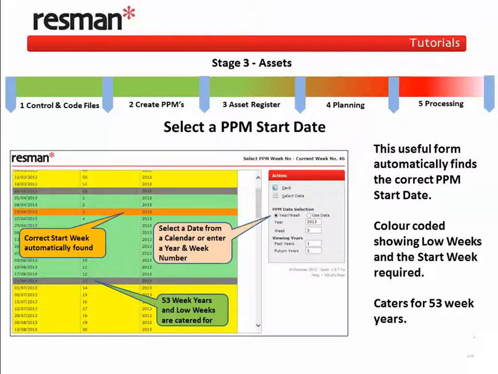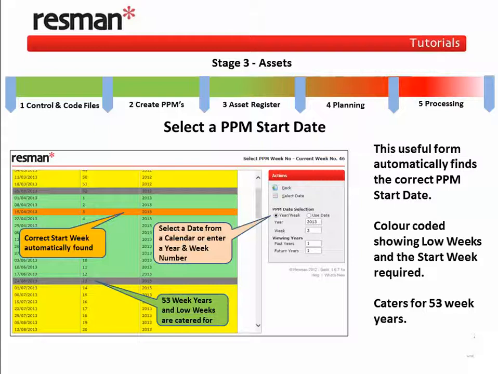If we wanted our PPM to start in week 3 in 2014, we'd simply select week 3 in 2013, as we can see in this example, to give us the correct date from which to calculate the start date. And as can be seen, that's automatically being calculated here and is highlighted in orange.